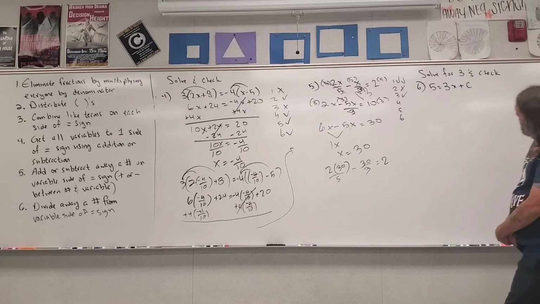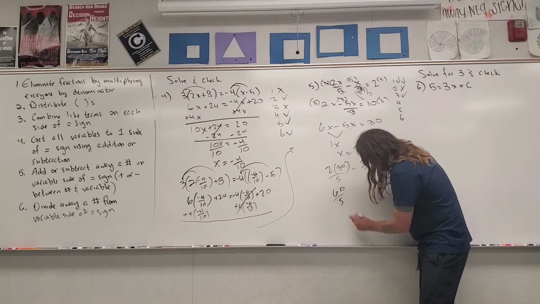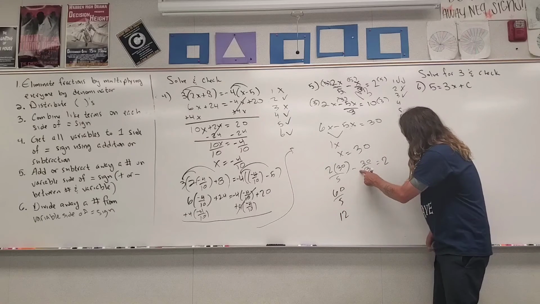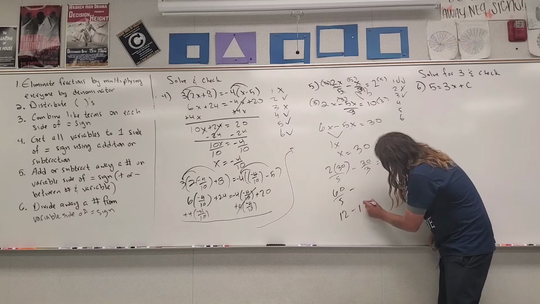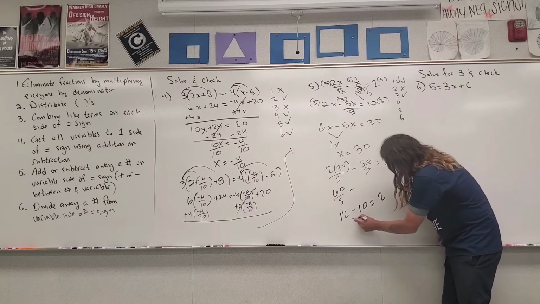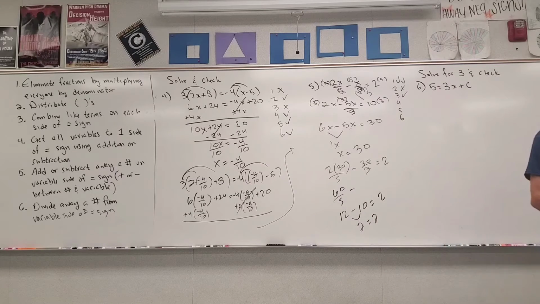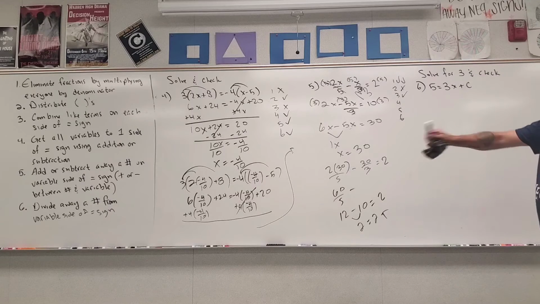Okay, so here I have 2 30s, which is 60. 60 over 5, 5 goes into 60 12 times. 30 divided by 3 is going to get me to 10. And is that equal to 2? 12 minus 10 is 2. 2 equals 2. Oh, hey, I did that right. I had to think there for a minute and nothing was happening. Okay, so that's how I do problem 4, problem 5.